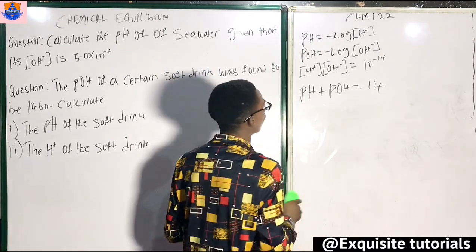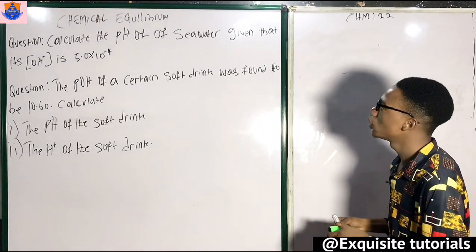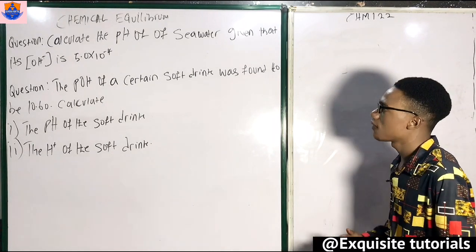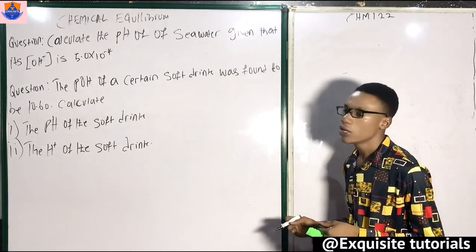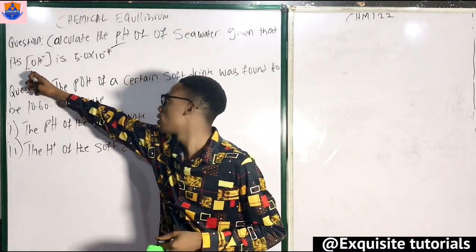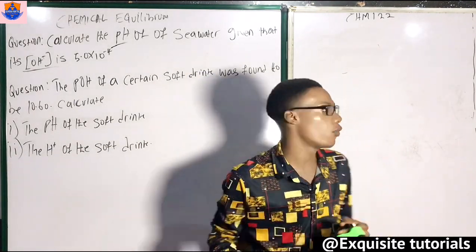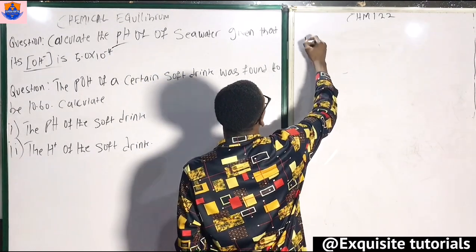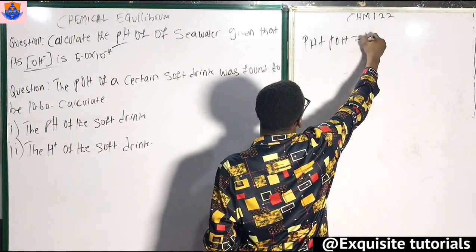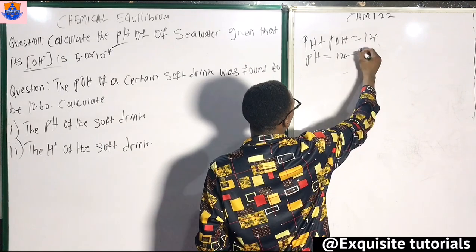So let's take a look at this question. It said, calculate the pH of seawater given that its OH concentration is 5.0 times 10 to the power minus 4. So they were asking for pH, whereas they gave us the hydroxyl ion. So what do we do? First of all, since we know that pH plus pOH is equal to 14, pH is equal to 14 minus pOH.